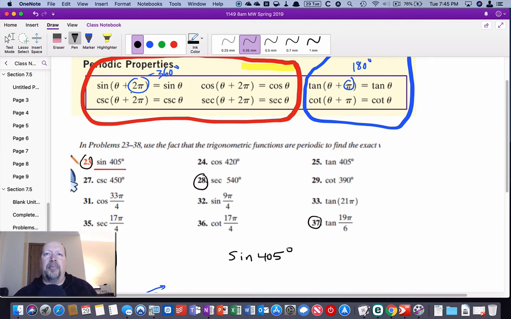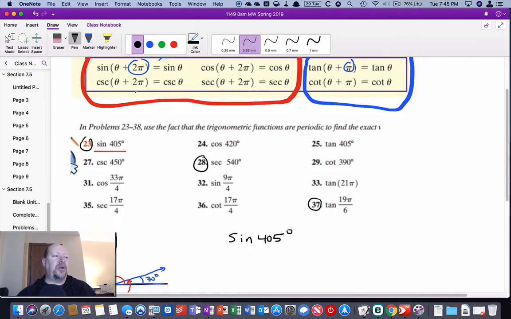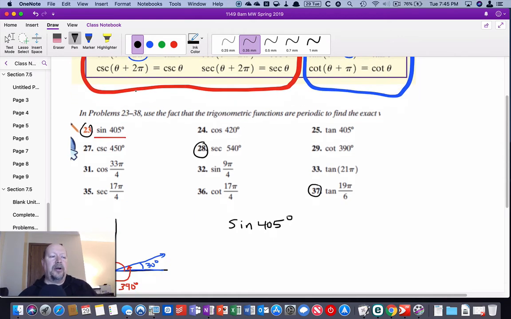So the period of the sine function is 360 degrees. Every 360 degrees, the sine value repeats. So if I subtract off 360 degrees, I find another sine value that's the same.